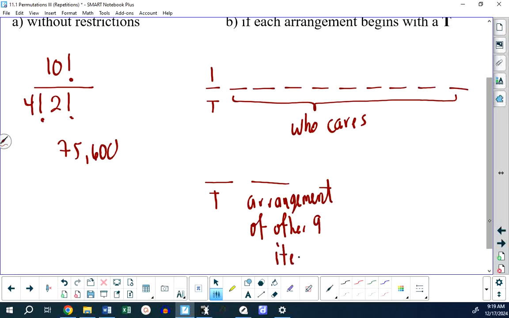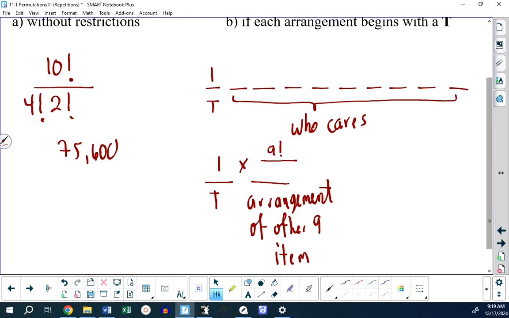You don't have to write this down. I'm just saying we don't need to write all those blanks. We can just say that the answer will be 1 times the number of ways to arrange the remaining 9 letters. And you would normally say that's 9 factorial, except that in those 9 letters you have some repetitions.